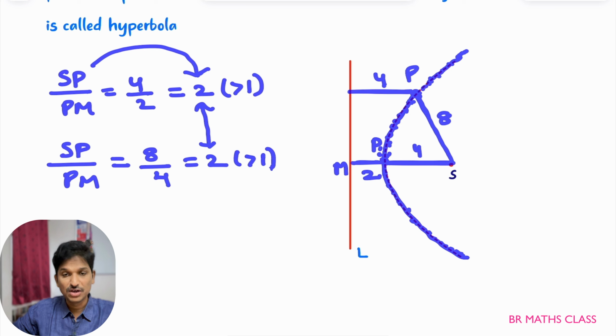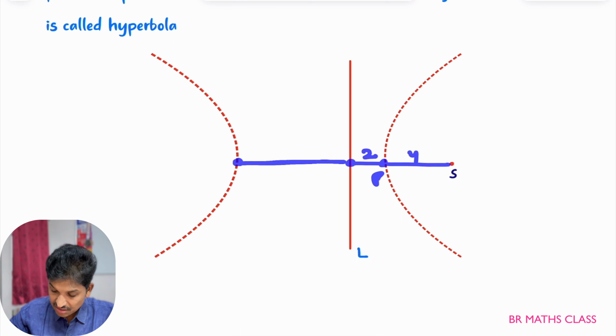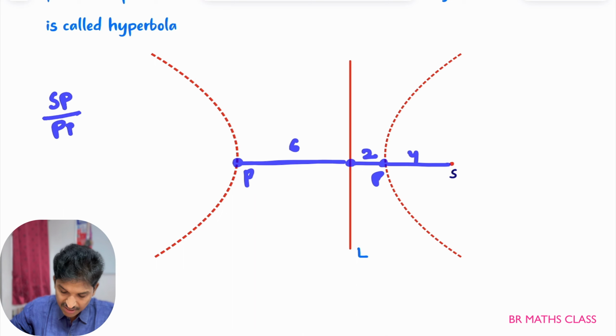Observe carefully. As we are discussing an example, look here, SP is 4, PM is 2, I took just to explain the things. Now you observe here, I'll consider this length as 6. Here one more point will be there. Suppose I take this point as P, SP divided by PM. See here, this length you observe, SP. SP is what? 6 plus 2 plus 4. That is what? 12. SP is 12 divided by PM.